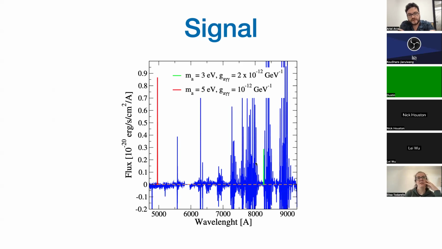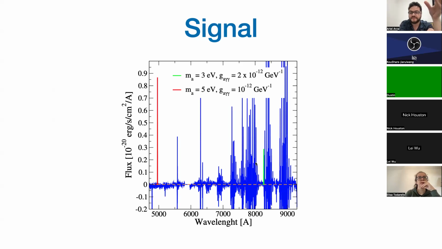I see. Okay, the other question is with respect to the collinear emission of the stimulated decay. In this case you always have a strong background, which is the stimulator, right? The one that stimulates the decay. So why does the signal depend on the source?